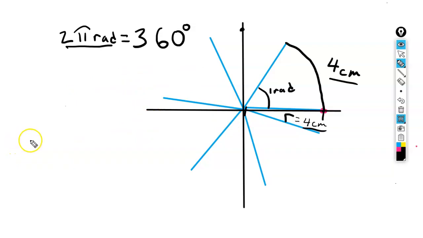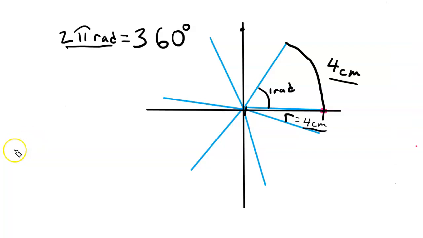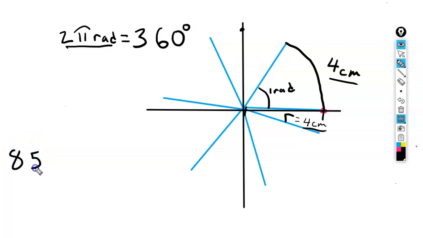So let's say we have an angle of, I don't know, 85 degrees. Pick one, it doesn't matter. So 85 degrees, we want to convert that into radians. So I would just, again, do it like any conversion I would normally do. And I'd think of this degree symbol as a unit and the radians as a unit.